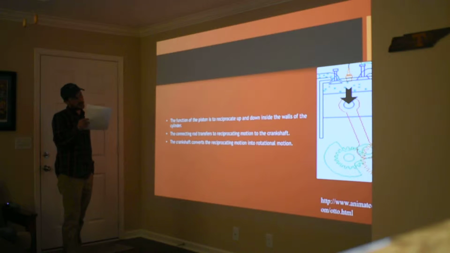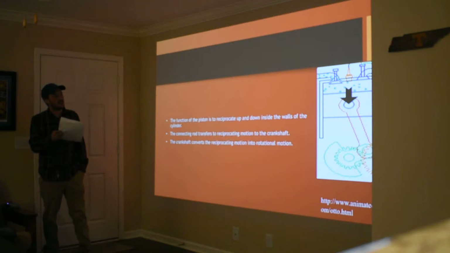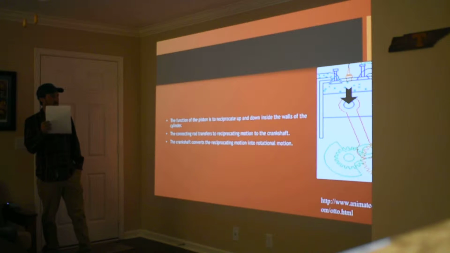Then in the red is your connecting rod, and its job is to transfer that reciprocating motion to the crankshaft. The crankshaft is in green, and it's very important because its job is to convert reciprocating motion into rotational motion.